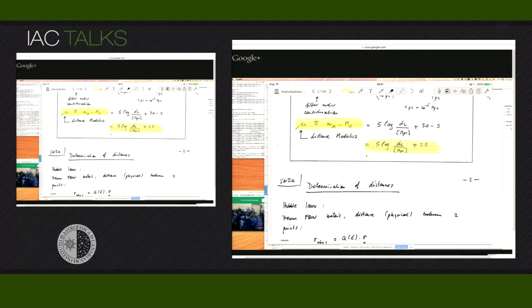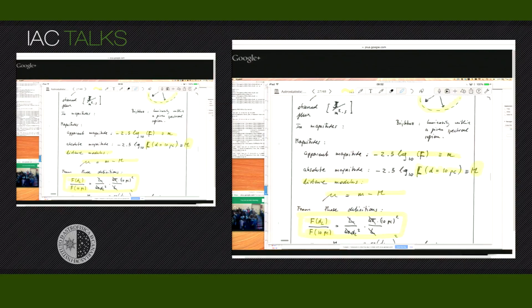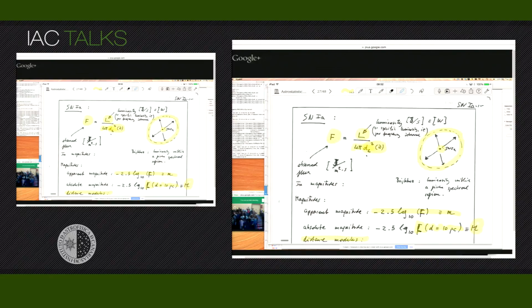Okay. So now the program I want to do in the next hour is to build on this and on the statistical methods that we need to carry out this program. Namely, what do we need to do this determination of distances from supernovae type 1a observations?